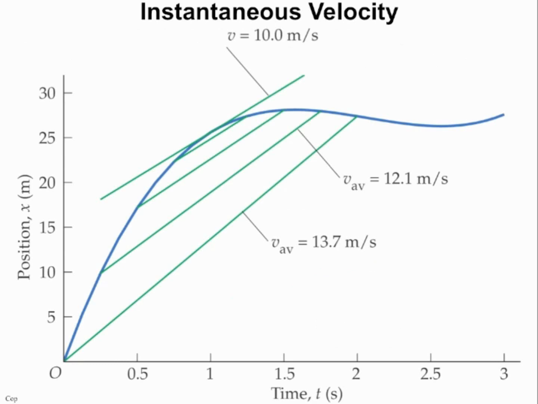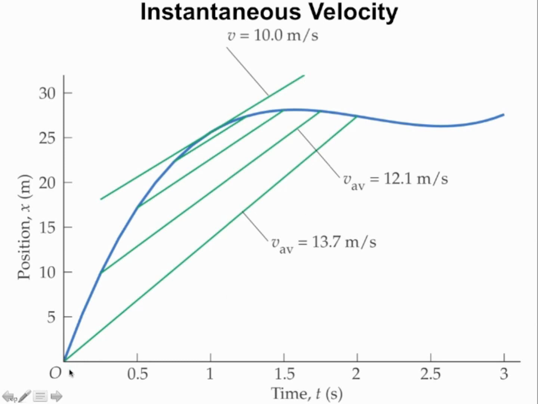One more slide on instantaneous velocity, and this just helps to understand the tangent line a little bit better. We have a series of green line segments here, and let's look at how these green line segments indicate average velocity. Our origin is here.